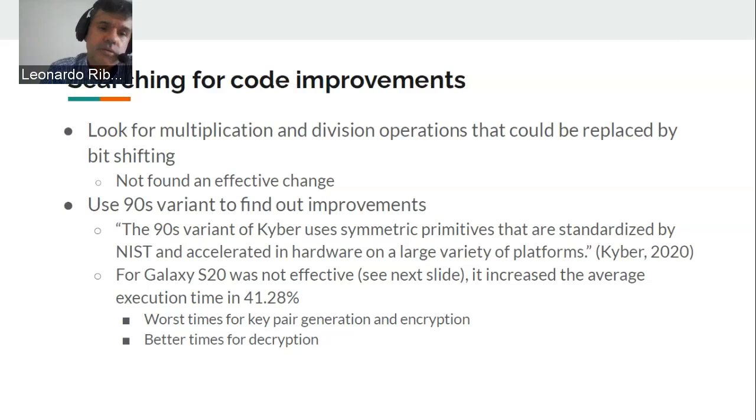We also tried a different version of Kyber. It's called the 90s variant, and we found some improvements. We had better times for decryption, and worse times for key pair generation and encryption.